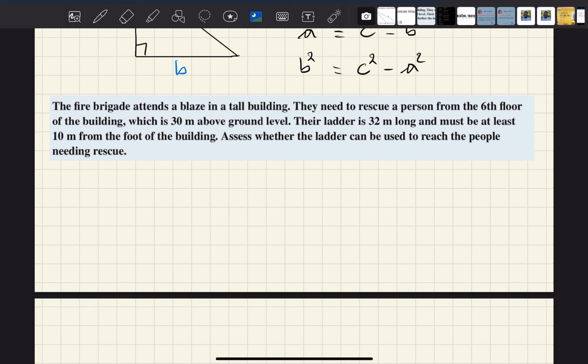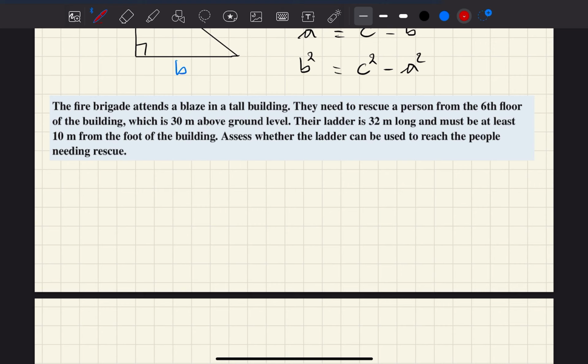In this particular question, we are looking at a fire brigade attending a blaze in a tall building. They need to rescue a person from the sixth floor of the building, which is 30 meters above the ground level. The ladder is 32 meters long and it must be at least 10 meters from the foot of the building.